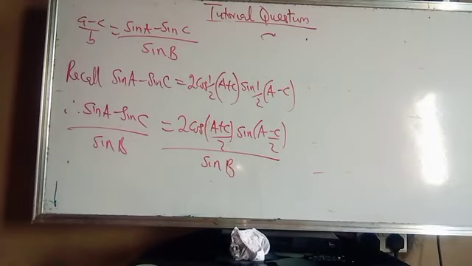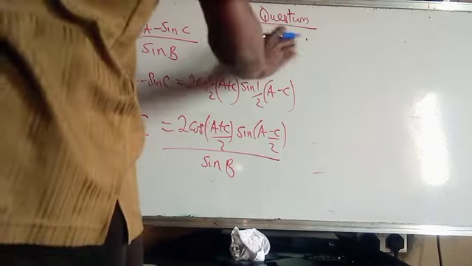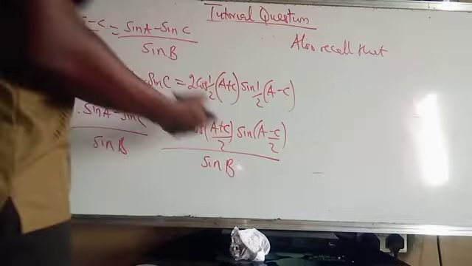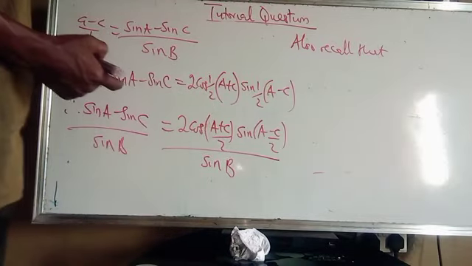So we can now rewrite sine B in a form that will be easier for us to deal with. Also recall that sine B can be written in a half angle formula.